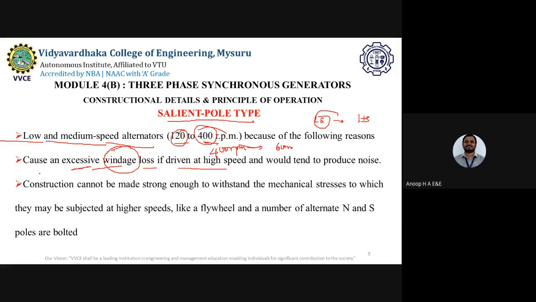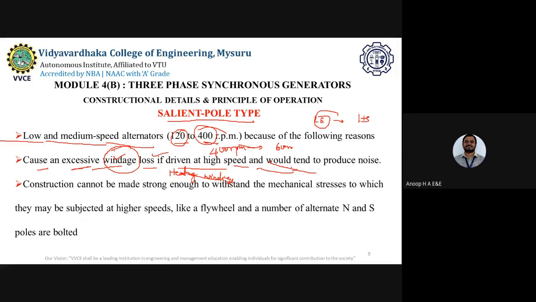It will create excessive loss, or there will be a heating effect. Once there is a heating effect, there will be windage losses. If the windage losses are more, there will be more heating, which causes the windings to be damaged further.